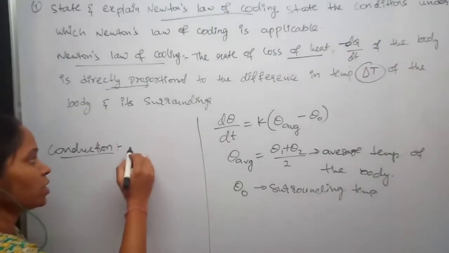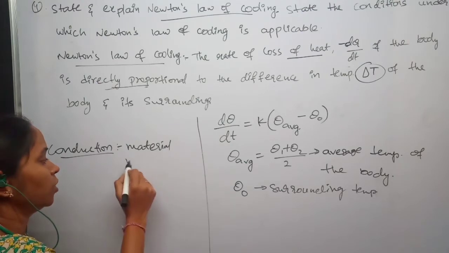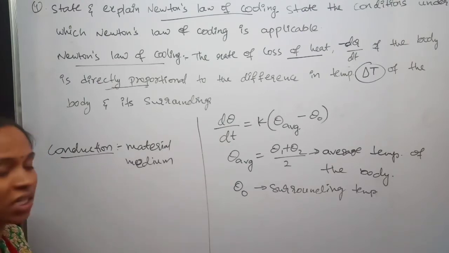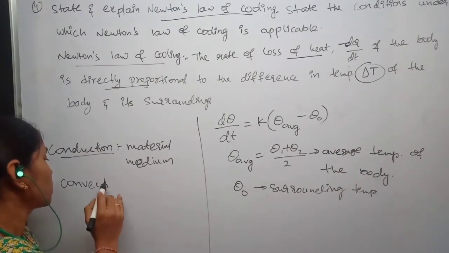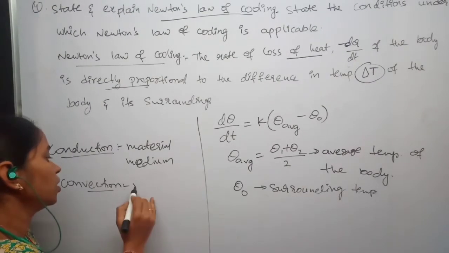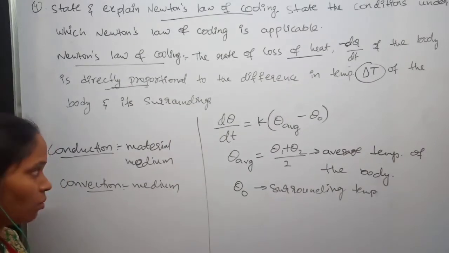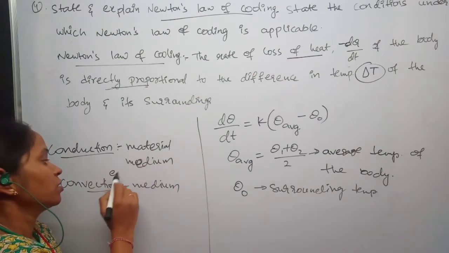Conduction requires a material medium for heat transfer. Convection also requires a medium for heat transfer. But the difference is, for conduction I am giving you one example.